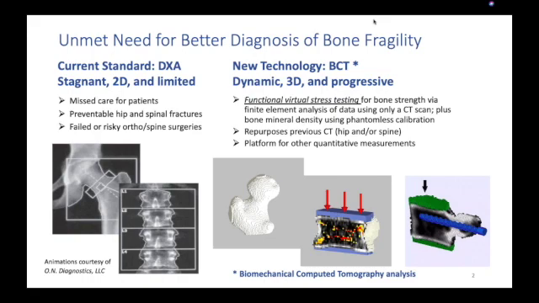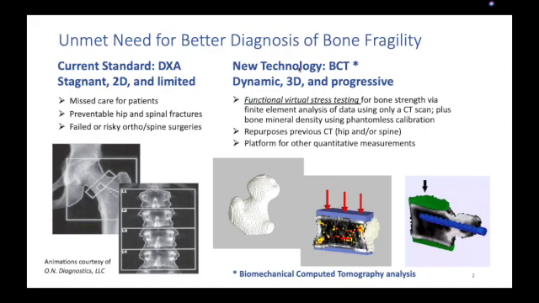So the context for the technology that we developed, which we call biomechanical computed tomography, or BCT for short, is a problem in the field of osteoporosis, in which many people, as they get older, get osteoporosis, which is a weakening of the bones.